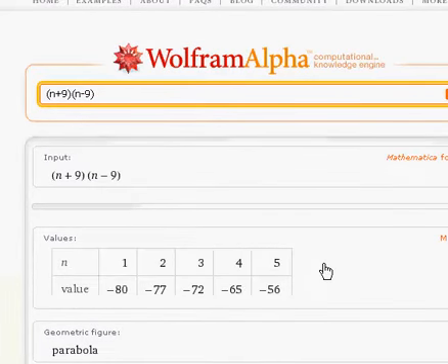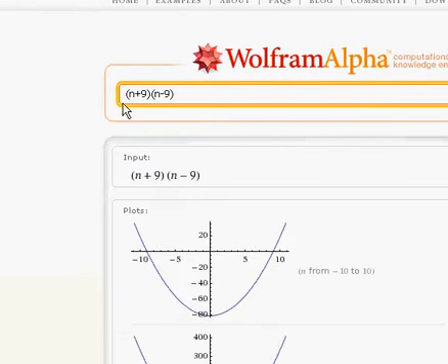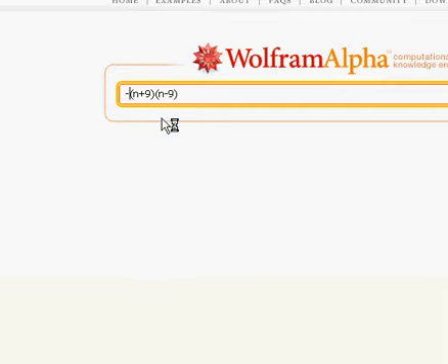And the question is, what do you think? Is it going to be a mountain or a cup? Well, it's a cup, because it's positive. If we put a negative in front of that, it'll make it into a mountain.